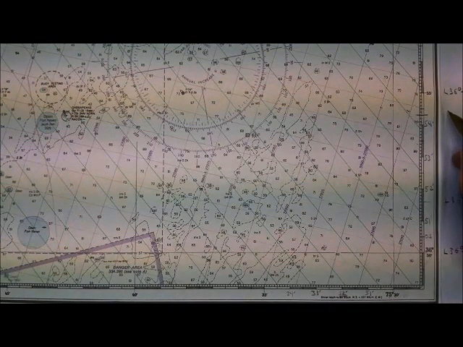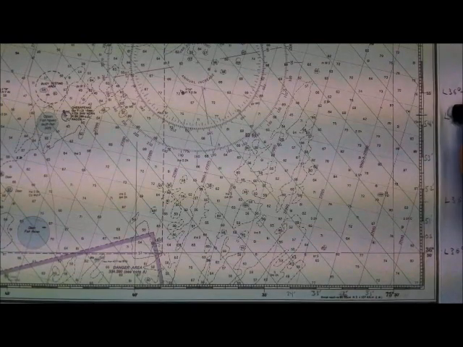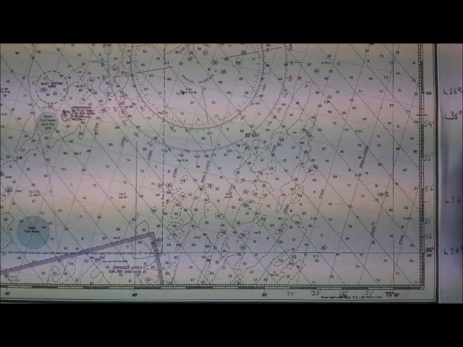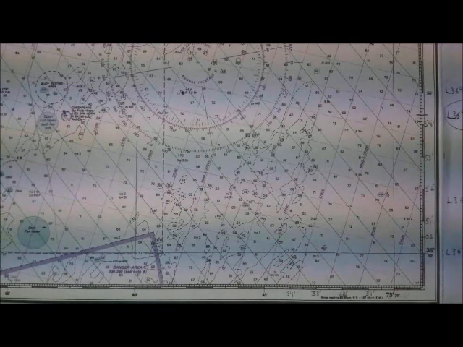So that's going to be a latitude of 36 degrees, 54.123 minutes north. So that's the latitude of the Chesapeake light.